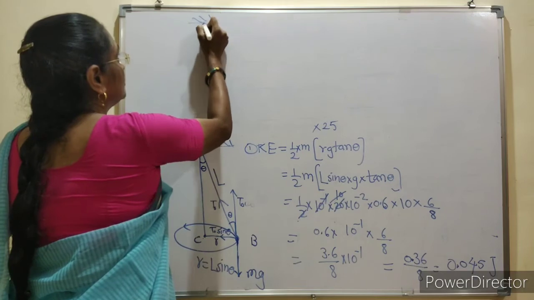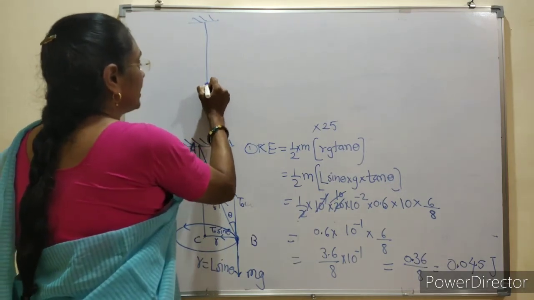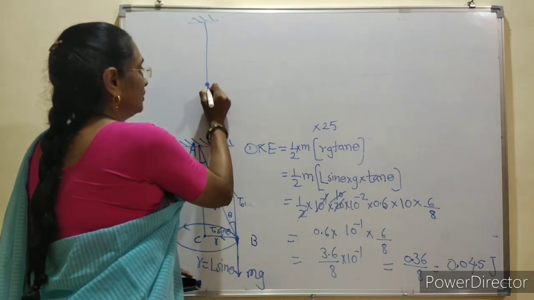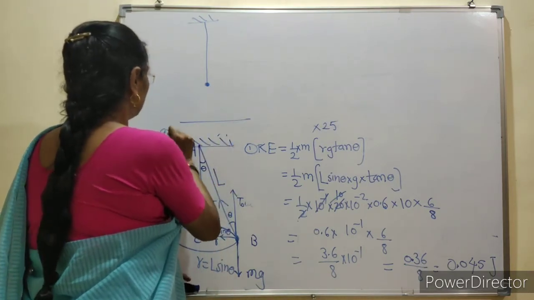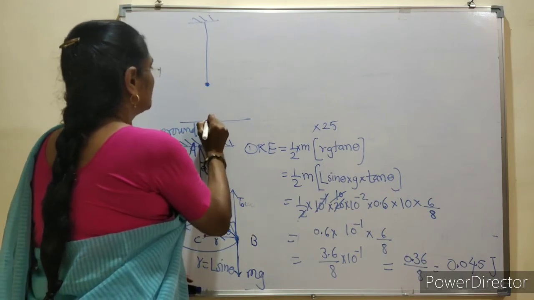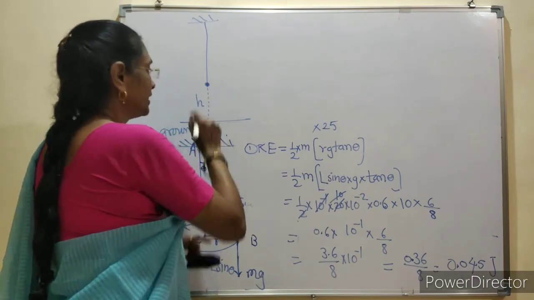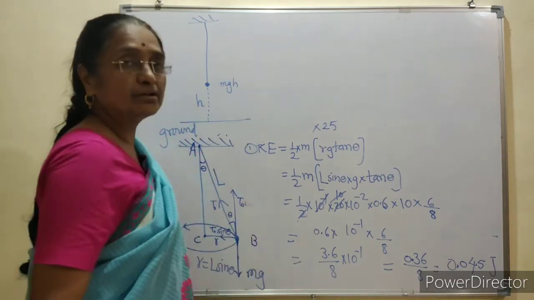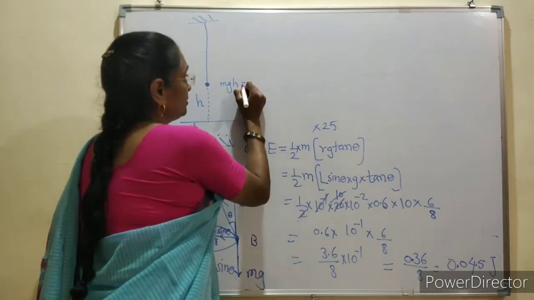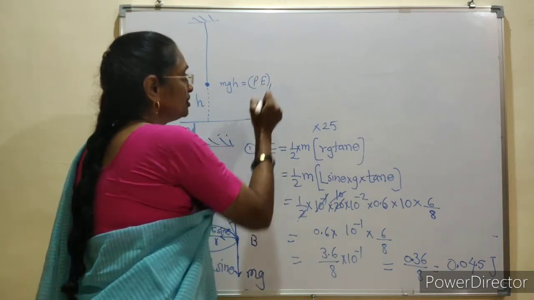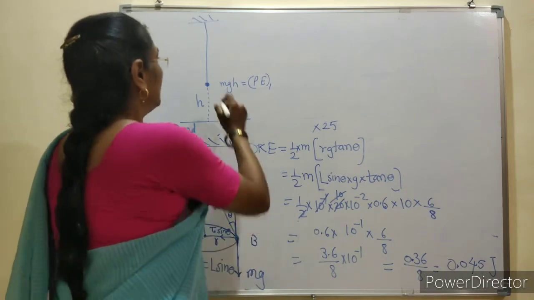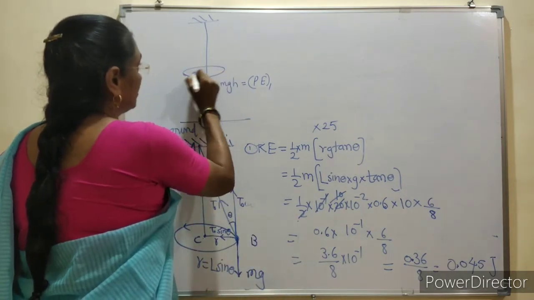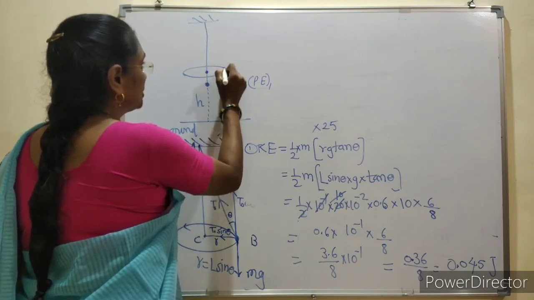Suppose this is the ball, at a certain position from the ground. This position of the bob is at a height h, then at this position the potential energy is mgh. It is the first potential energy, or initial potential energy. Now if the bob performs circular motion, then it goes to this position.